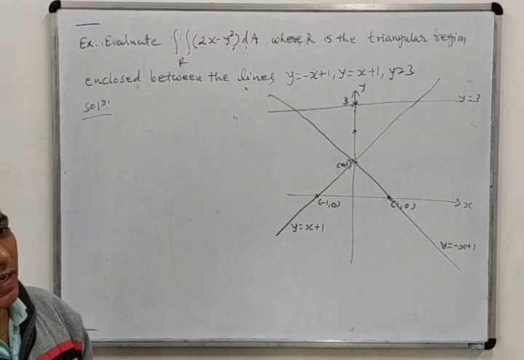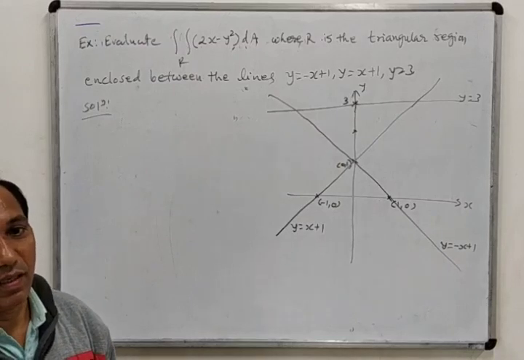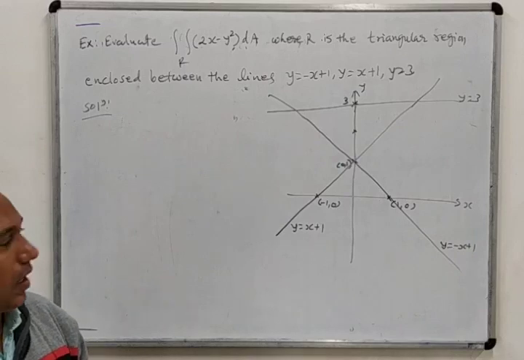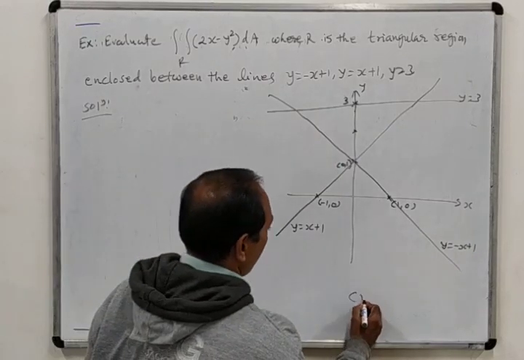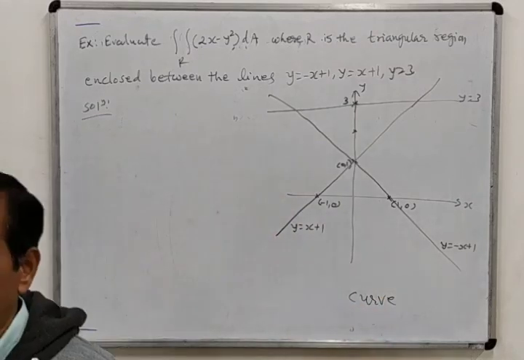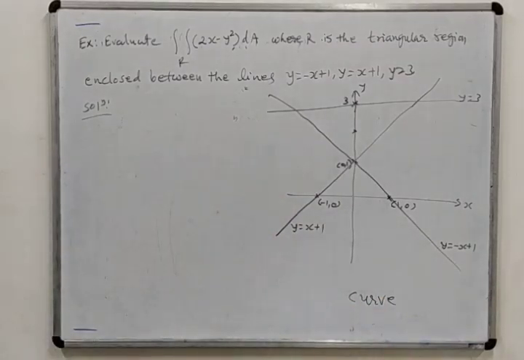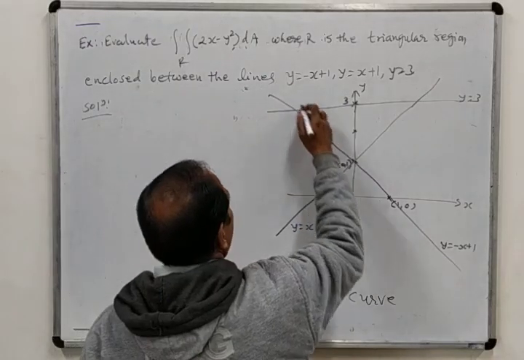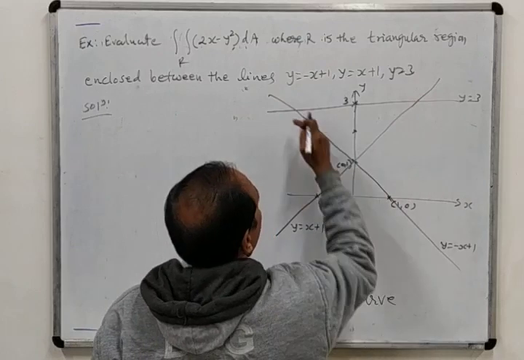I told you that the region R must be bounded by the given curves. Here I am using the word curve. This can be used for any type of curve, that is straight line or parabola or hyperbola, ellipse, whatever it is. So we are given this curve, this curve, this curve.